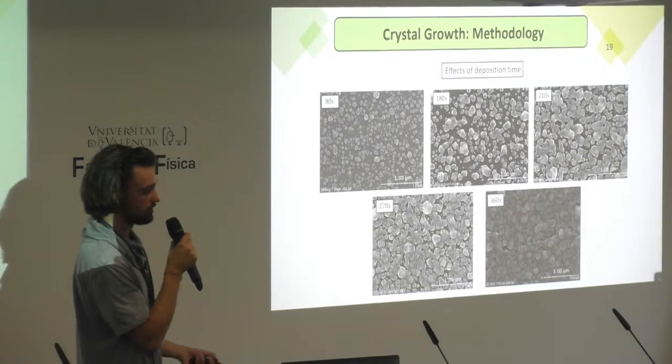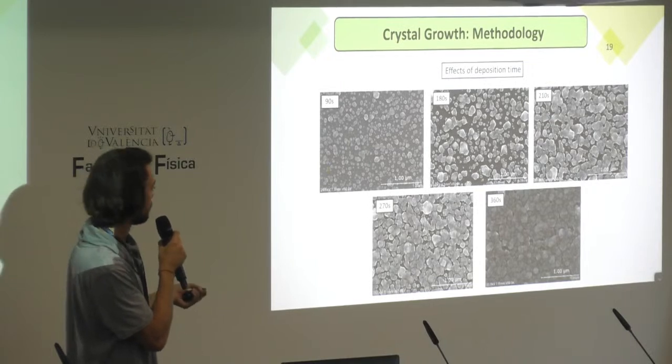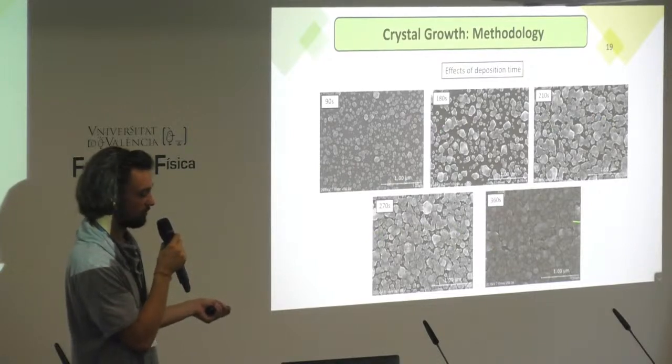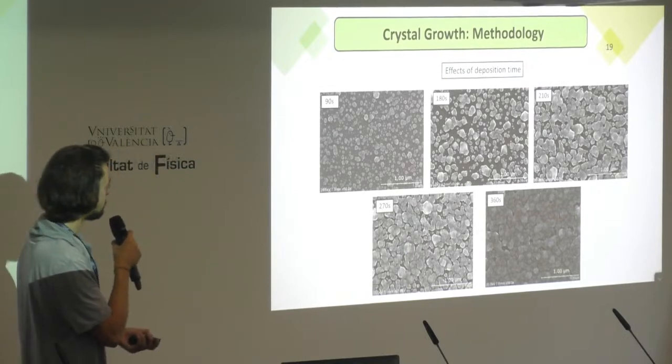When we have the temperature and the flows decided, we've done a series of experiments increasing the deposition time. We can see that for 90 seconds, we have mainly isolated nanoparticles. When we increase the deposition time, we go from this until we have a very nasty layer of particles that are glued together.